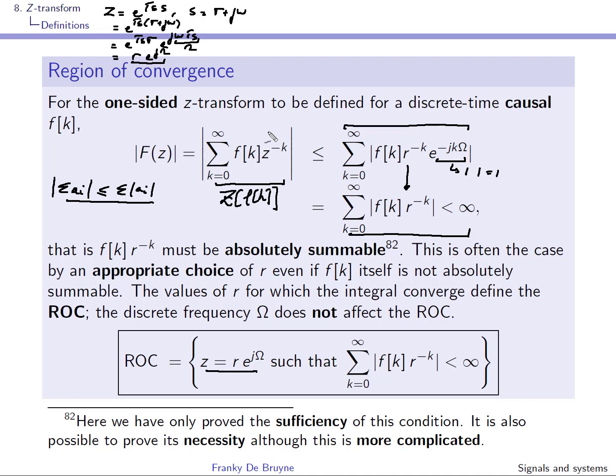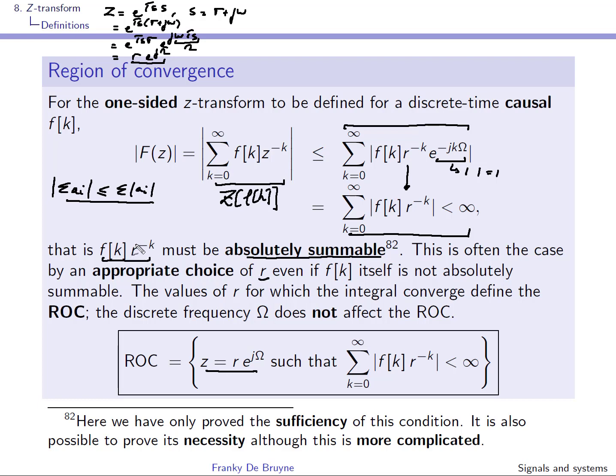You can prove there is also necessity, but it's much more complicated. So we see here that if this sum converges, then the z transform is defined, and this sum converges if this sequence here is absolutely summable. This is often the case if you choose r large enough.